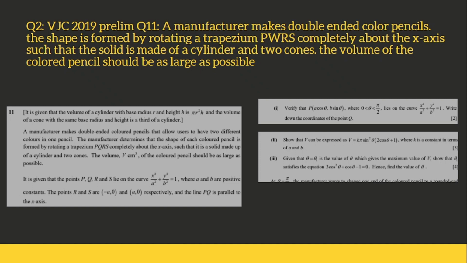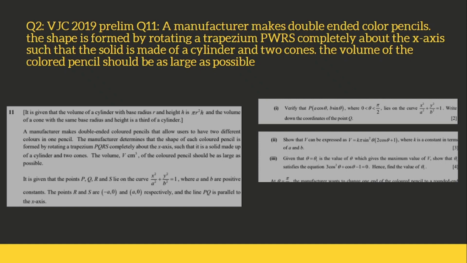It is given that P, Q, R and S lie on a curve, which is an ellipse, where a and b are positive constants. The points R and S are (-a, 0) and (a, 0) respectively, and the line PQ is parallel to the x-axis.